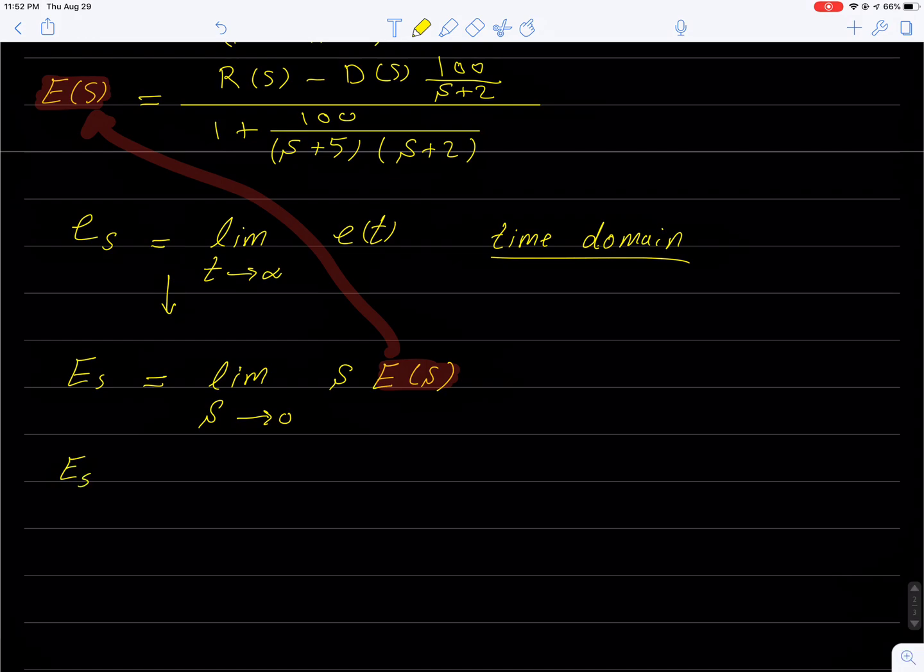E_SS, the steady state error, is equal to limit as S approaches 0, S times our function there.